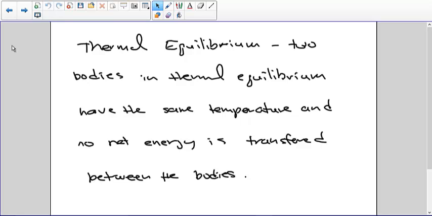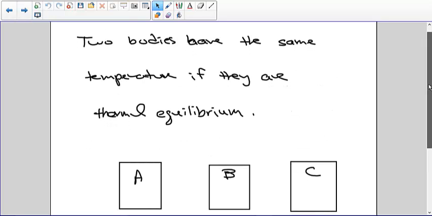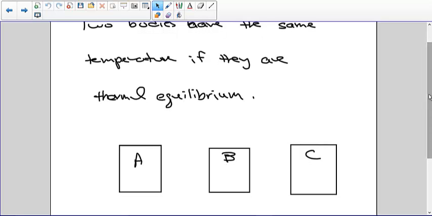So let me just move on to the next topic. Two bodies have the same temperature if they are in thermal equilibrium. One way of checking the temperature would be to have two bodies, and if you know the temperature of one body, you could put another body in contact with the first body, and if there was no evidence of any energy transfer between the two bodies, then you could conclude that they have the same temperature.